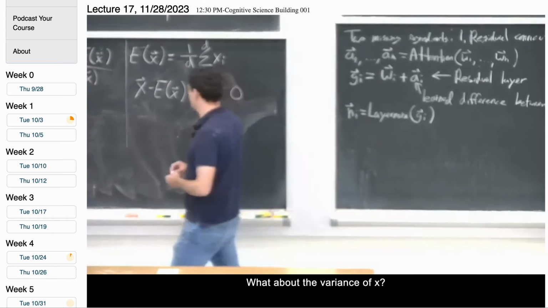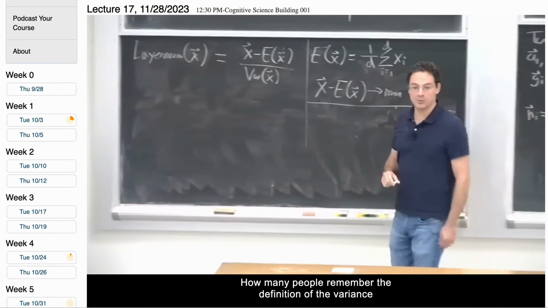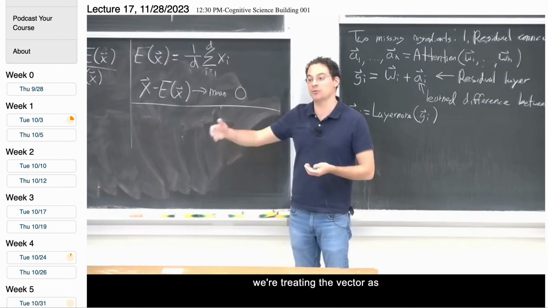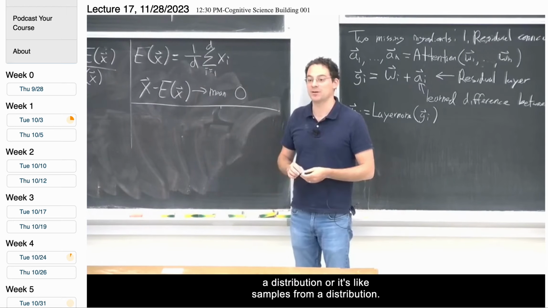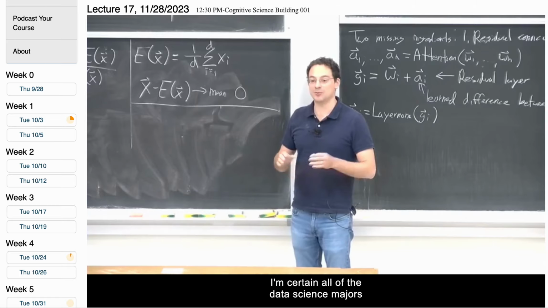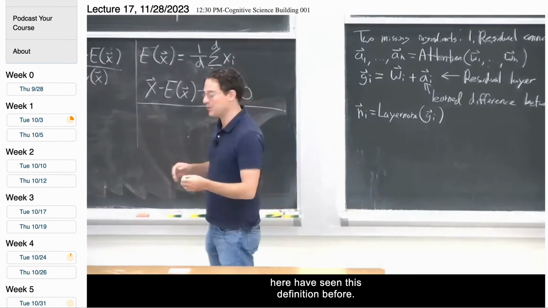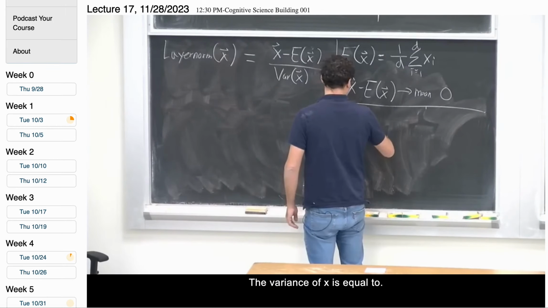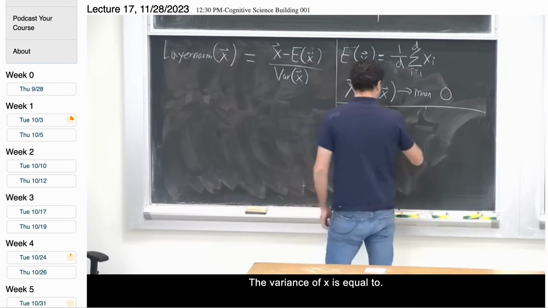Okay. What about the variance of x? How many people remember the definition of the variance of a vector or a distribution? When we're talking about the variance of a vector, we're treating the vector as a distribution, or like samples from a distribution. I'm certain all the data science majors here have seen this definition before. I suspect many others. Let's remind ourselves what the definition is. So the variance of x is equal to 1 over d times the sum of (x_i minus E of x) squared.